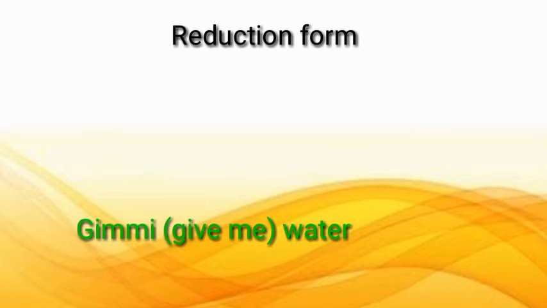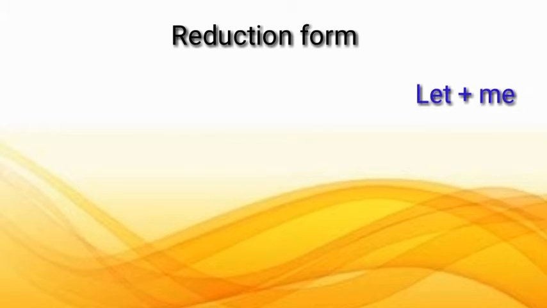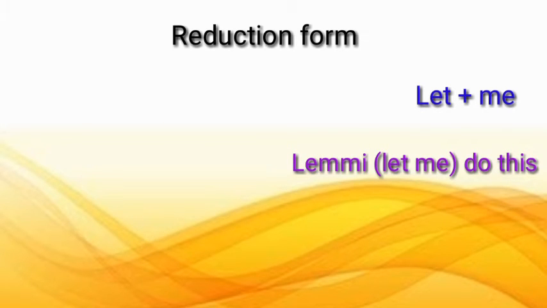Next is also including me. Let plus me. Let me come with you. Let me do this. So instead of saying let me do this, you say lemme do this. This is how native speakers or foreigners usually speak.